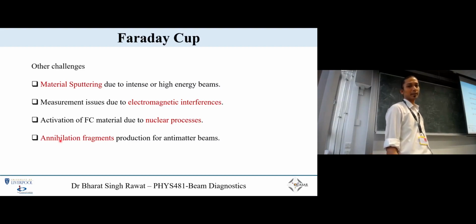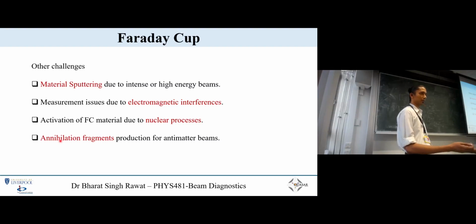And the last and the most challenging part is to design Faraday cups for antimatter beams, because antimatter is a big challenge to detect with normal matter, because whenever it comes in contact with your normal material, which is like the Faraday cup, it will create highly energetic annihilation fragments.